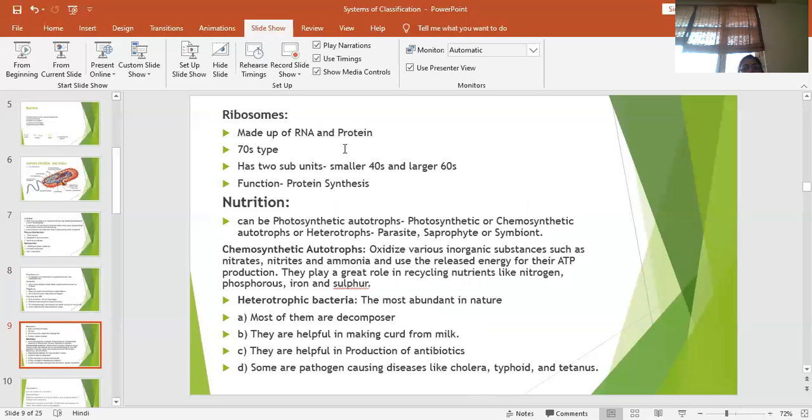Ribosomes. Bacteria has 70S type of ribosomes, which is made up of RNA and protein. In ribosomes, there are two units, 40S and 60S. So here you have to understand that this is not a simple addition. It's based on the sedimentation. Sedimentation means when these ribosomes are extracted from the organism and rotated very fast, they get settled at different points.